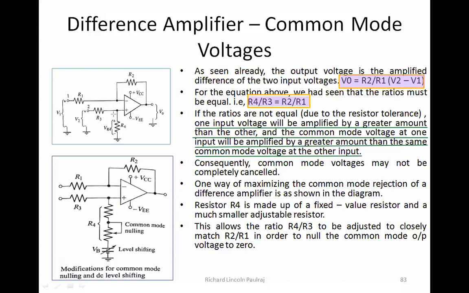But practically speaking, I cannot accomplish this. Why cannot I accomplish this? The main important reason, as I told you, is the resistance tolerance. I cannot have an exact value of my resistor. There can be a little bit of plus or minus here and there. Consequently, common mode voltages may not be completely cancelled.